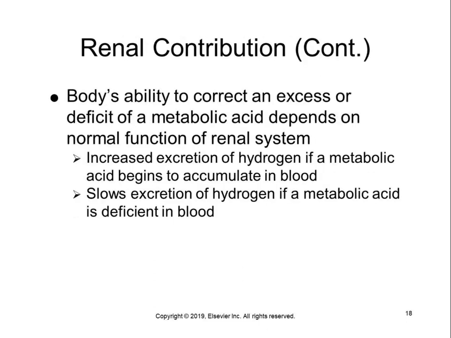The body's ability to correct an excess or deficit of metabolic acid depends on normal function of the renal system. Increased excretion of hydrogens occurs if metabolic acid begins to accumulate in the blood. Slowed excretion of hydrogens occurs if metabolic acid is deficient in the blood.